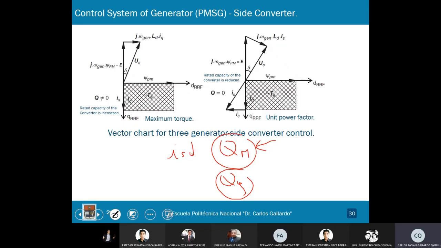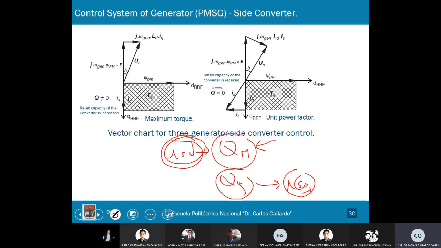Do you remember? In order to control the reactive power of the grid, I will use the stator current on Q axis. But in this case, because I am working only with the machine reactive power, I am adjusting only the stator current on the D axis. It's different, right? In this way, I will get the unit power factor.